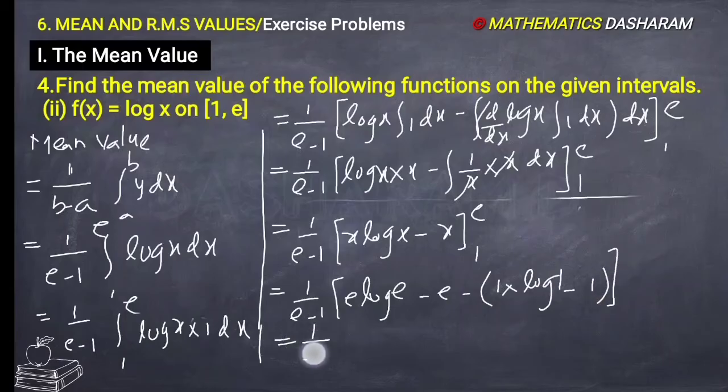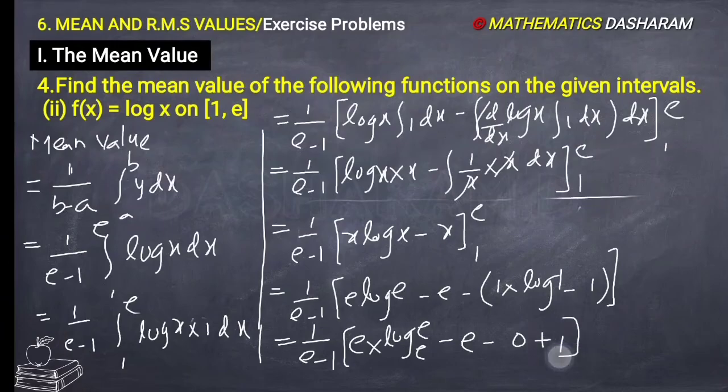So 1 by e minus 1, e into log e. Actually here the logarithm base is e. Minus e, minus e minus 1 into log 1, value is 0. 1 into 0 is 0. Minus of minus plus 1.